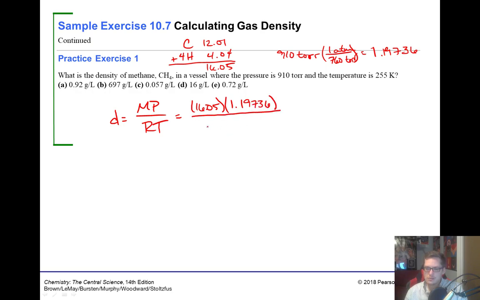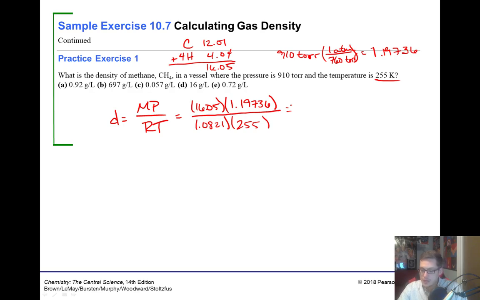Our R value, since we used atmospheres, is the 0.0821. And then our temperature has to be in Kelvin, and they were nice enough to give us that as well. So 255 Kelvin. All right, so we'll take all that here. So 16.05 times the atmospheres that we calculated before divided by 0.0821 times 255.